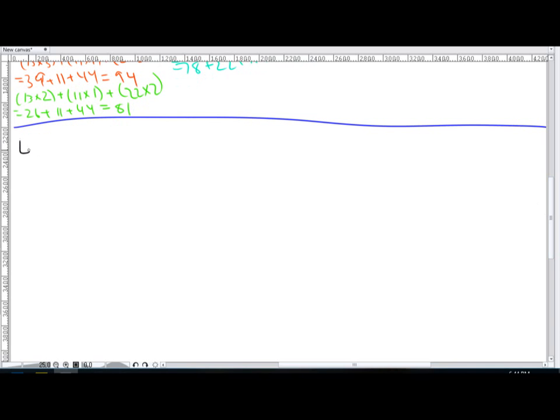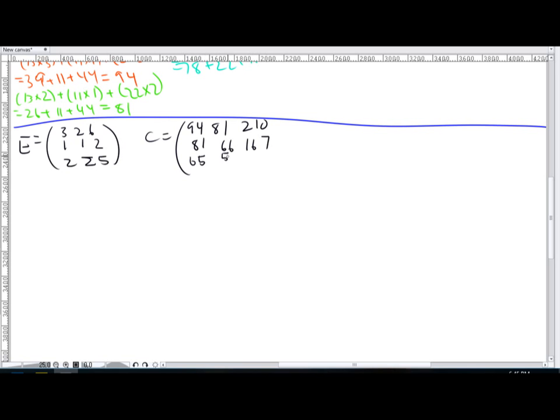So E equals 3, 2, 6, 1, 1, 2, 2, 2, 5. Then our C is equal to 94, 81, 210, 81, 66, 167, 65, 52, 142, 102, 90, 230, and so we know that M times E is equal to C.